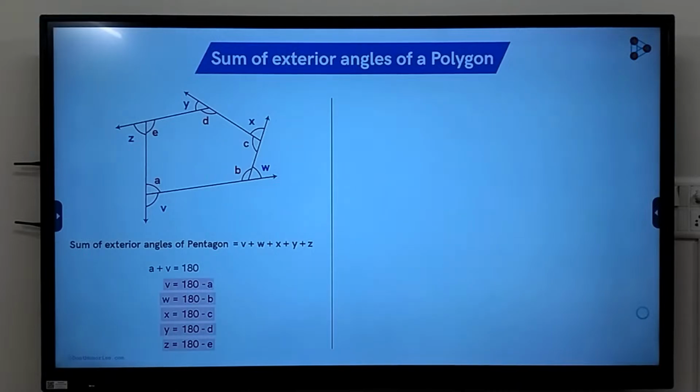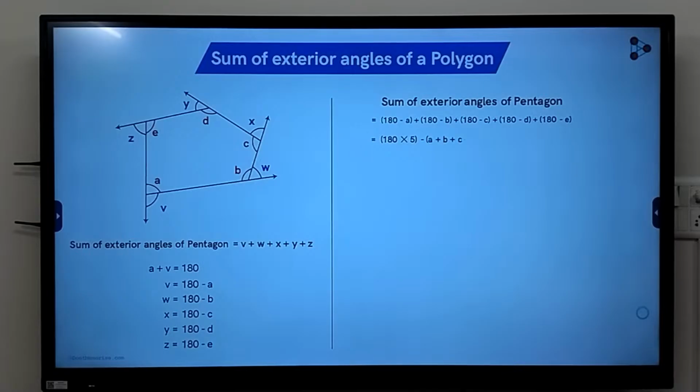Now on substituting these values, we get the sum of exterior angles as this. This is equal to 180 multiplied by 5 minus A plus B plus C plus D plus E. Now what does this 5 signify? Yes, this 5 is the number of sides of a pentagon. And what is this equal to? Correct. This is nothing but the sum of the angles of a pentagon.